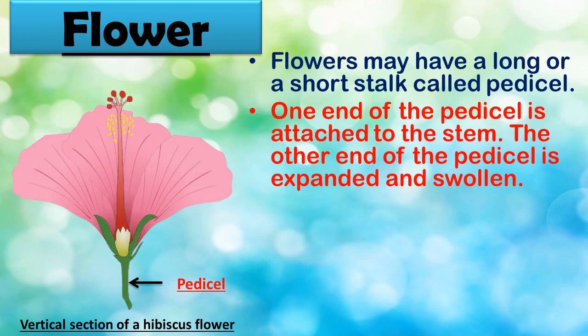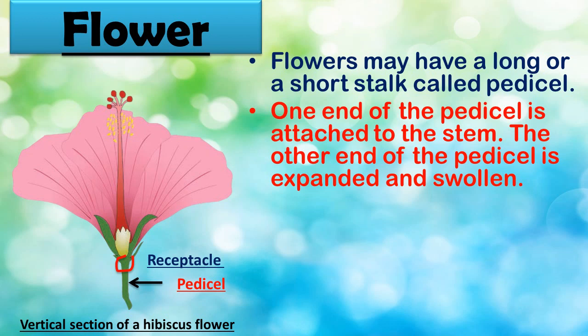Okay, and students, one end of the pedicel is attached to the stem and the other end of the pedicel is expanded and swollen. You can observe this is attached to the stem, and next is a swollen structure. This swollen structure is called the receptacle, and petals and other parts of the flower are supported on the receptacle.